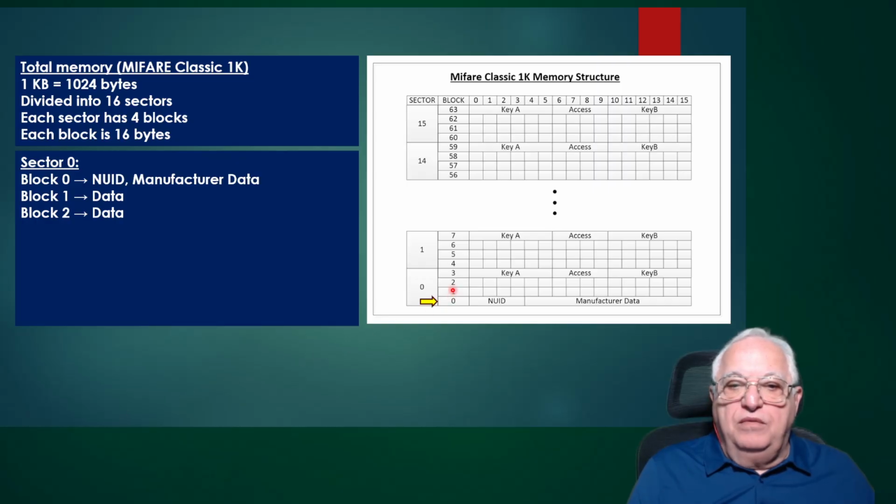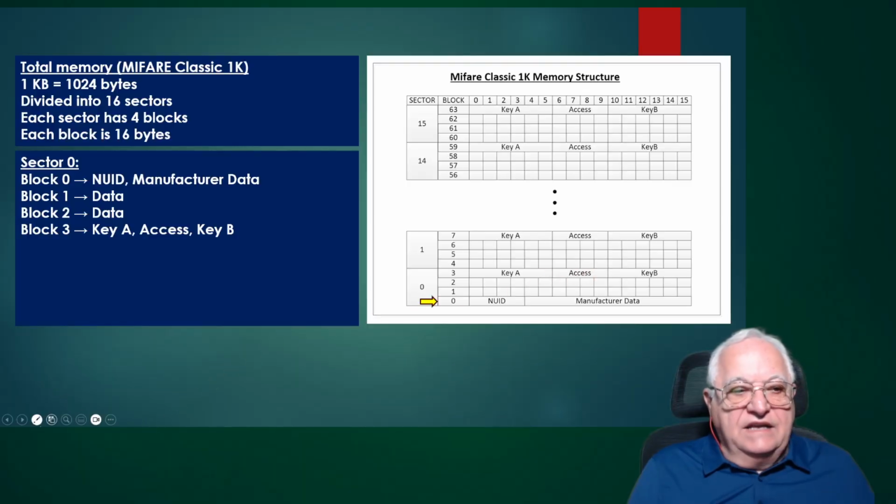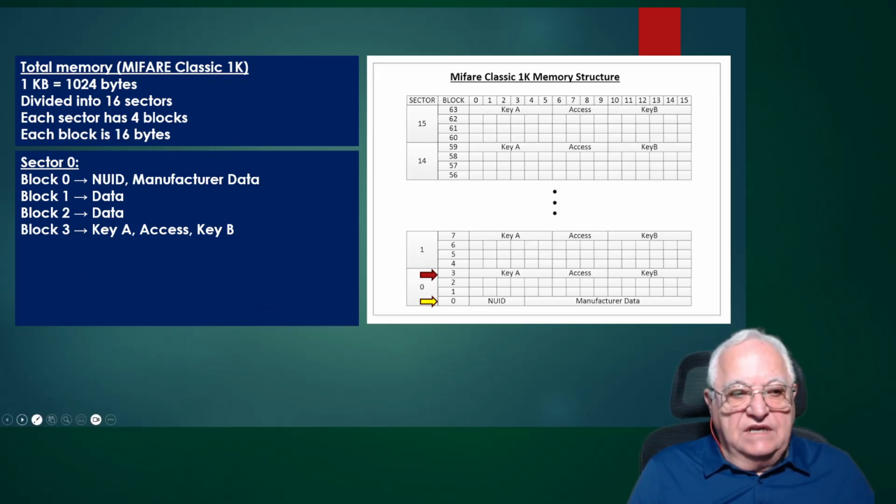Next, we have a couple of data blocks. That's where you can just write any data you want. And then block 3 has the key A, the access parameters, and key B. I'll be talking about each of these elements.